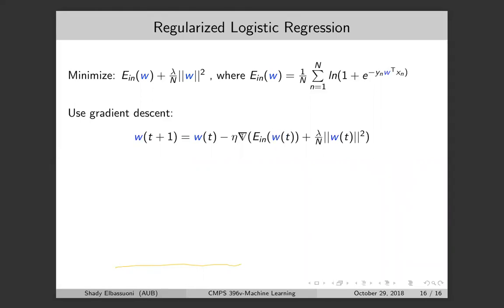Now it's minus eta times the gradient of E_n(W) plus lambda over n times norm W squared, the current values of W squared. So differentiation with respect to W: we know the differentiation of the first term, and we've seen it in the previous slide in the algorithm. Let's differentiate the new component with respect to W. What do I get?